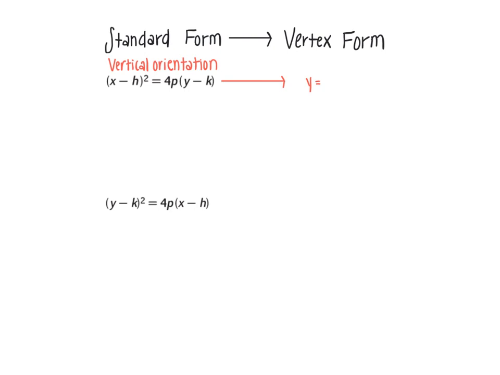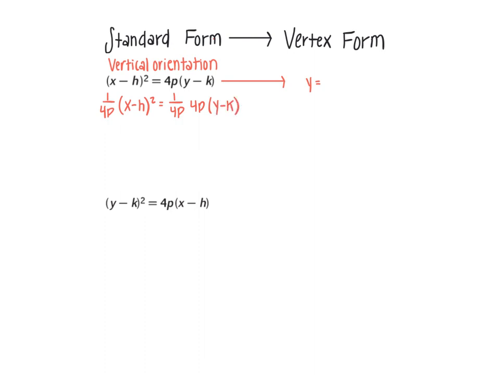So I'm going to go ahead and start by dividing by 4p, or in this situation, I'll just multiply both sides by 1 over 4p. So now I have 1 over 4p times x minus h squared is equal to 1 over 4p times 4p times y minus k.